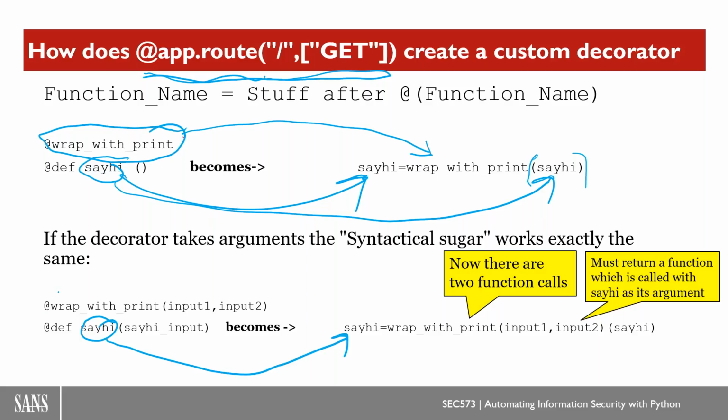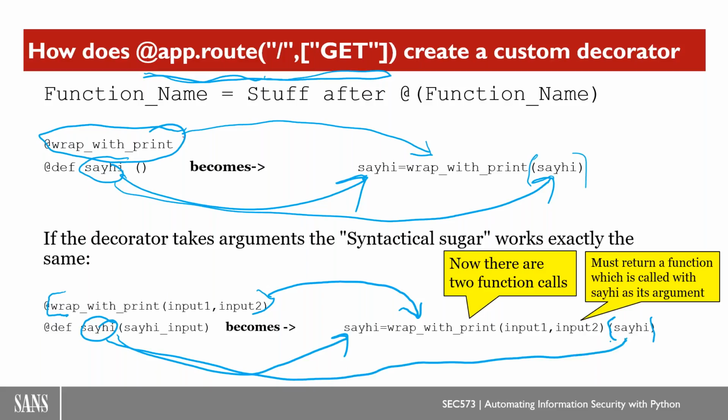It takes whatever is after this @ symbol, which in this case is this whole thing, including these arguments, and it puts that after the equal sign. Then it adds to the end of it an open parentheses and a close parentheses with the name of this function being passed inside of that function.